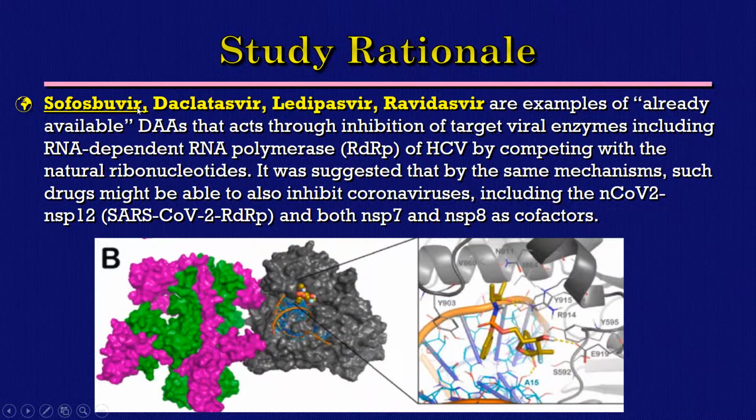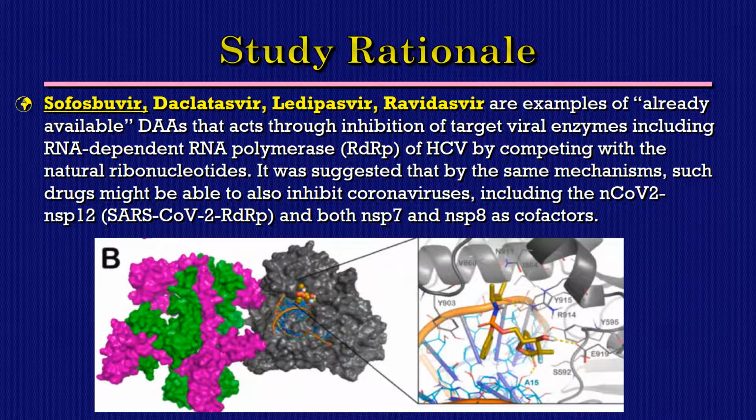Sofosbuvir, daclatasvir, ledipasvir, ravidasvir are examples of already available direct-acting antiviral drugs that act through inhibition of target viral enzymes, including RNA-dependent RNA polymerase of hepatitis C virus by competing with the natural ribonucleotides.